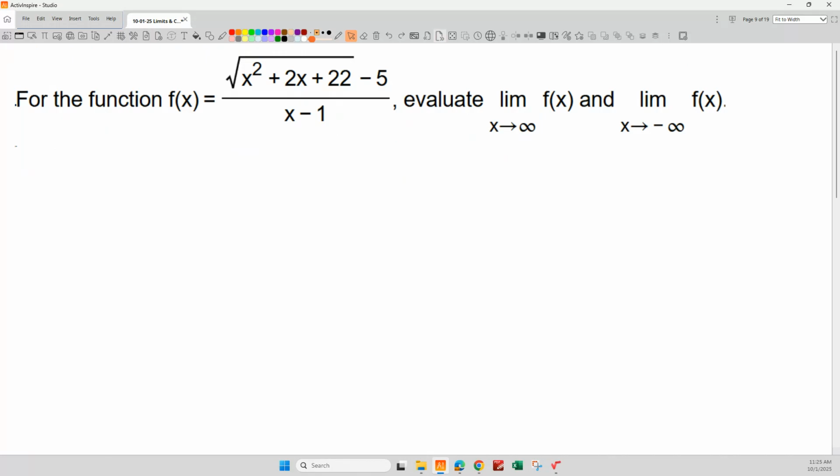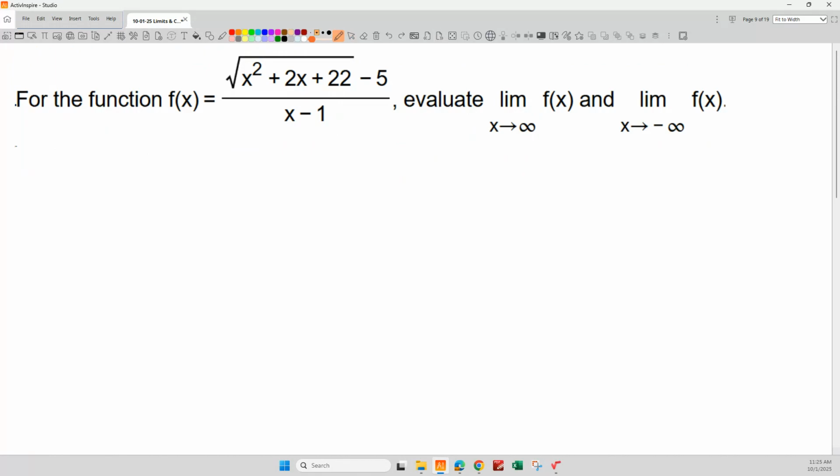Okay, what about this one? What's our thinking on this one? Right. So again, there's a polynomial inside the radical, and so the polynomial is dominated by its leading term.